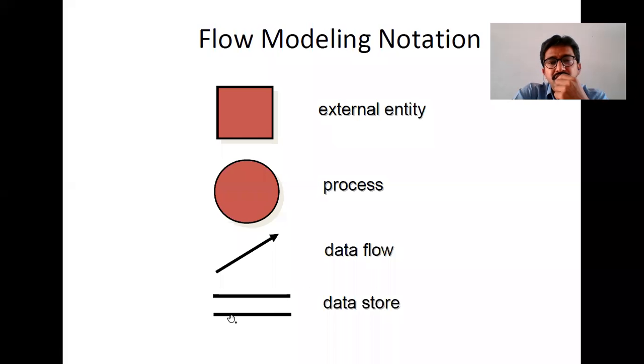And we have 2 lines, which look like an equals sign, and that is a data store. So the 4 notations are: external entity, process, data flow, and data store.